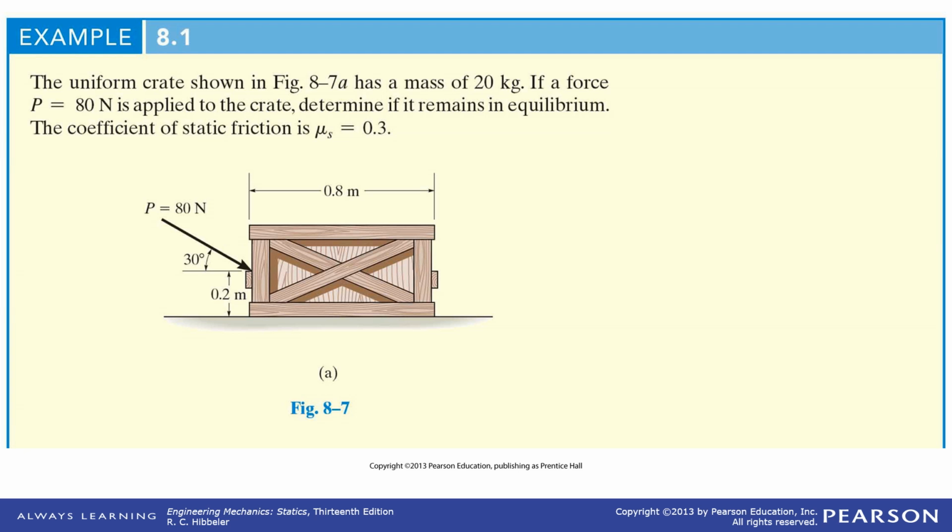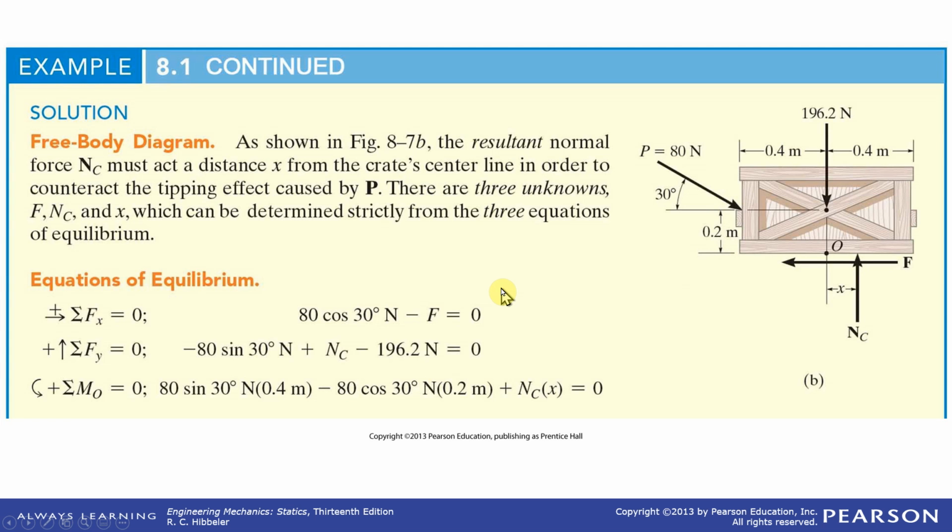And let's go to a specific problem then. Let's take a look at something specific. So we got this kind of situation, force of 80 newtons applied at 30 degrees, and ask, is it going to remain in equilibrium? And it's a 20 kilogram crate. So we have 196.2 newtons acting down, and that would be the normal force acting up then.